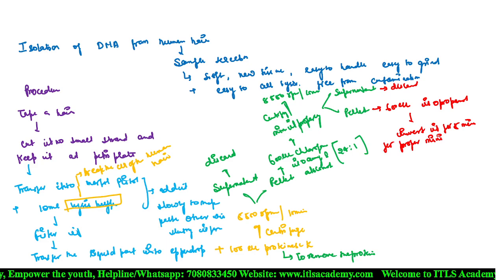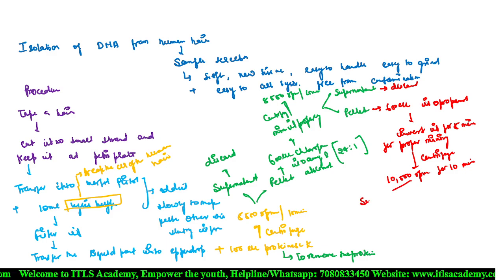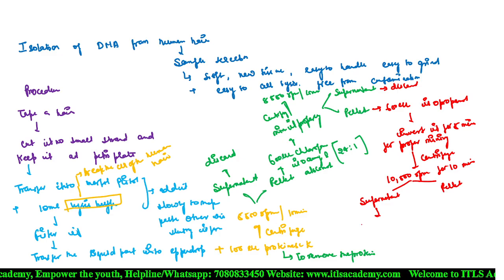Then centrifuge it at 10,000 rpm for 10 minutes. Then again supernatant and pellet.